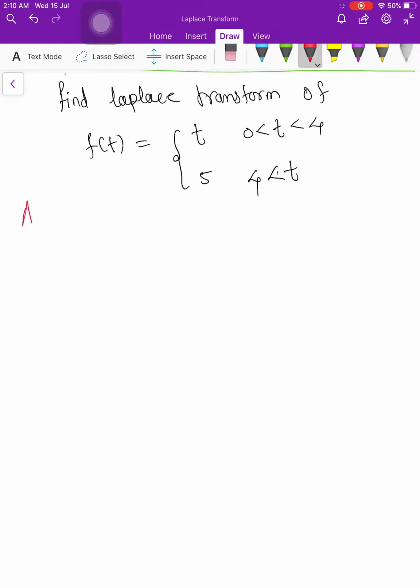So answer, how we are going to solve. We have a definition of Laplace of function. So Laplace of f of t, the definition is this: you have integration 0 to infinity e raised to minus st dt, and whatever function is here, we will write over here f of t.